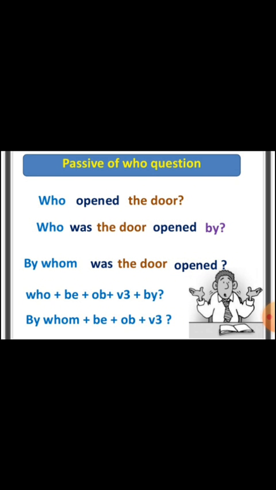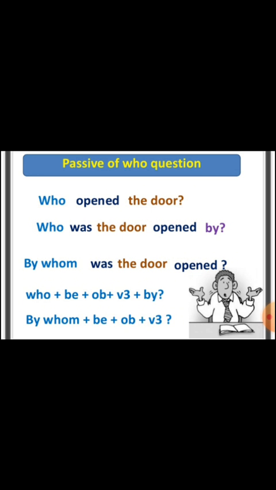Passive voice of who questions. Who opened the door? You can change this sentence. As I have told, who is replaced by whom. By whom, as you know, it is the past indefinite tense, and in the past indefinite tense the helping verbs was and were are used.